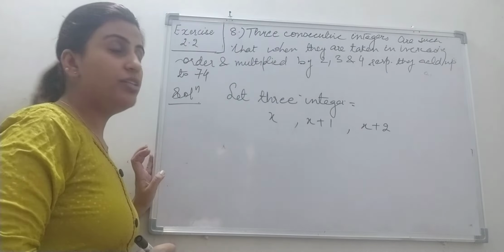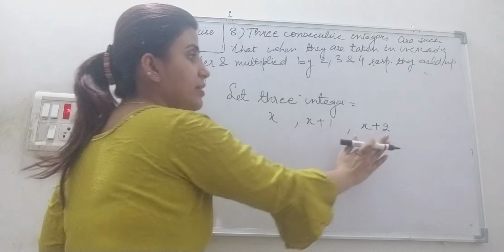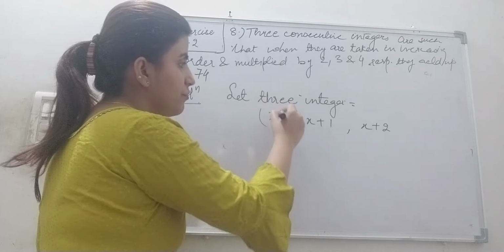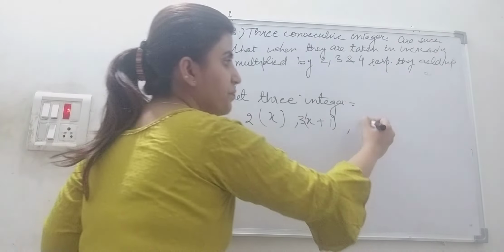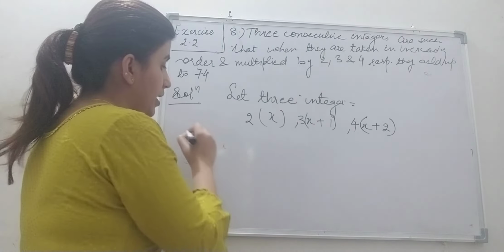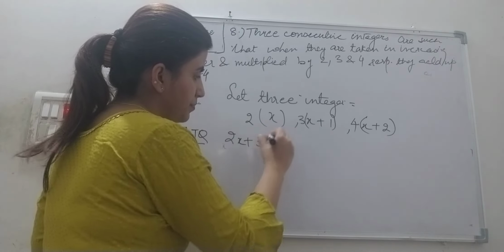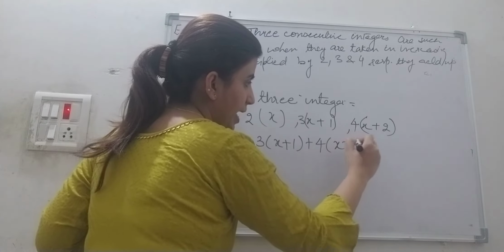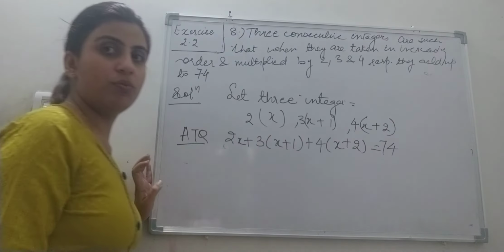Fine. Now they have said when they are taken in increasing order, smaller, greater and the greatest, multiplied by 2, 3 and 4. The first number is multiplied by 2, the second number by 3 and the third number by 4. And according to the question, when they add up, they give us the answer 74.